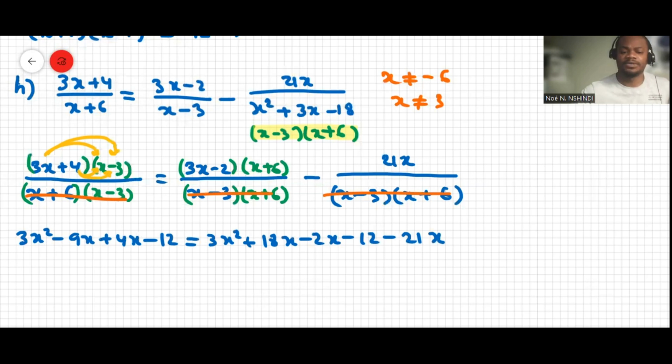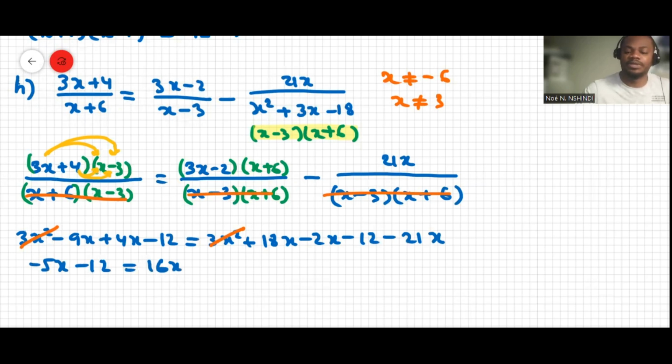Now we can just cross this and that because they are like terms on both sides of the equal sign. Negative 9x plus 4x makes negative 5x minus 12 equal to 18x minus 2x makes 16x.